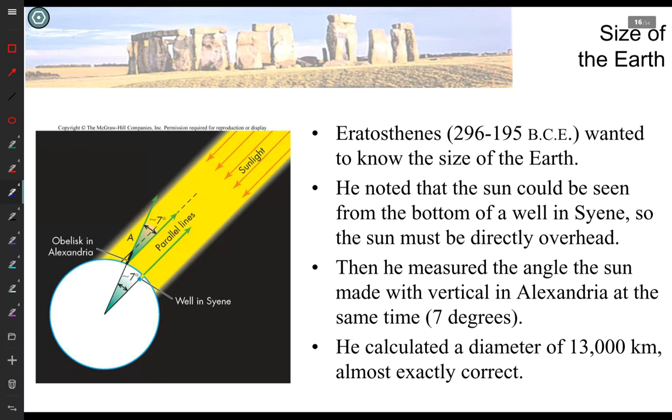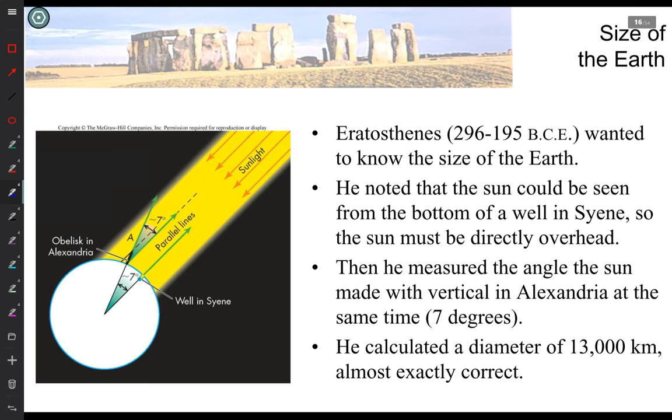And taking the distance between Syene and Alexandria and that 7-degree angle, he was able to calculate then, 7 degrees, there's 360 degrees in a circle. So you take that distance, multiply it by 360 and divide by 7, and you get the circumference of the Earth.